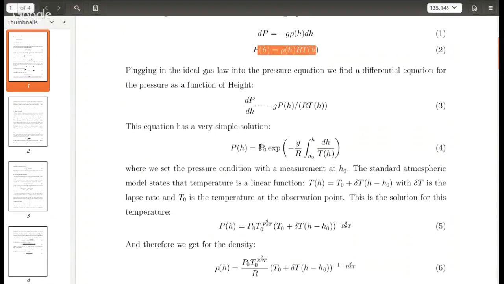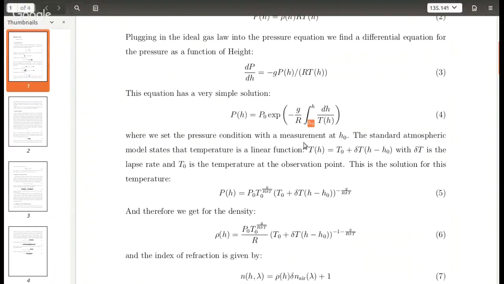And here, P0 is the initial condition of the pressure, the pressure at some height which you define as H0. For the particular temperature profile we would like to look at, which is linear near the surface of the Earth, this is the pressure as a function of height.